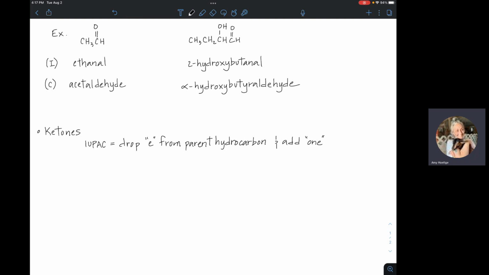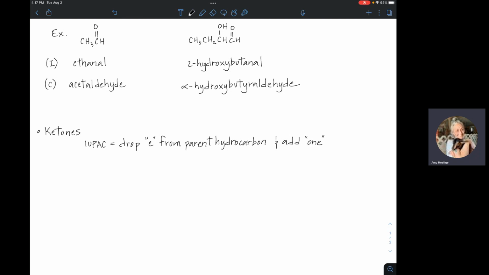So to be a ketone, you need an R group on either side of the carbonyl, right? So it's no longer carbon number 1 necessarily, but we're going to give priority to the carbonyl carbon. So that means you're going to give it the lowest possible number, and your substituents will be named accordingly after that.